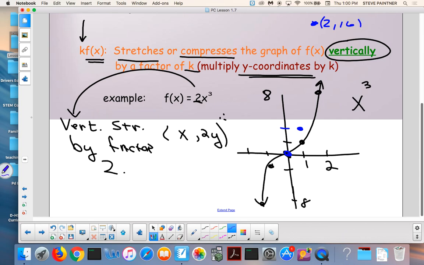So this thing kind of goes like this now. You are stretching every point farther away from the x-axis. On the flip side, this negative 1 would become negative 2. This negative 8 would become negative 16. And there it goes. That's a vertical stretch. You're making all the points farther away from the x-axis. I'm not going to do it, but what would this do?